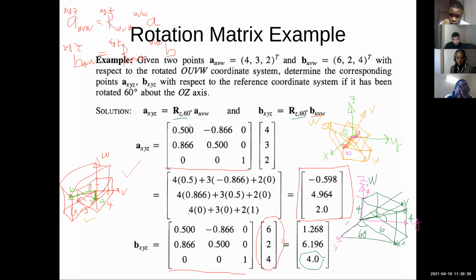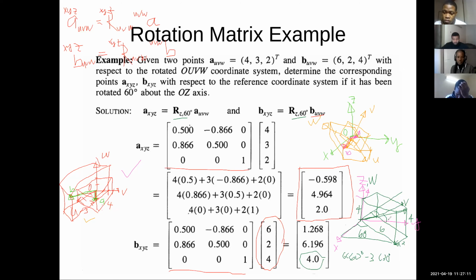So this is 6 cosine of 60, then minus, because you are now on the negative side of X, 2 times cosine of 30 degrees.